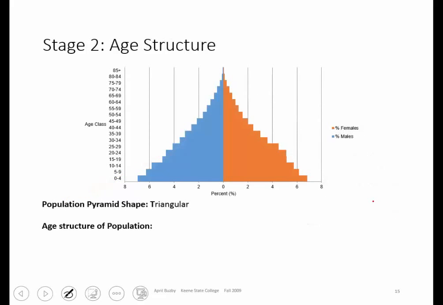You can see now the age structure, because of the lower death rate, has changed and smoothed out into what we call a regular triangular figure in the pyramid, because of the lower death rate in young people, especially in their 20s.